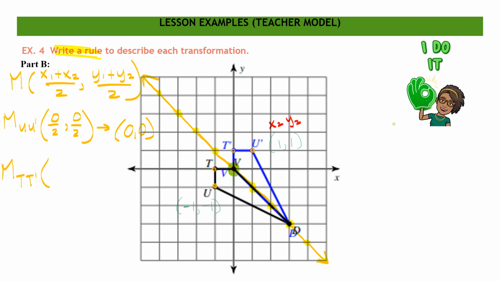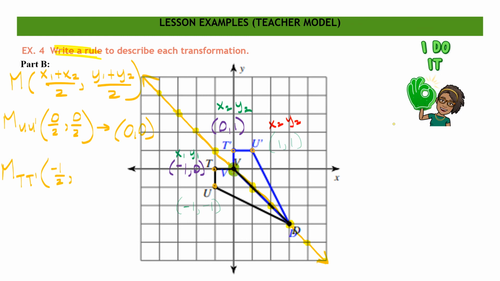Before we do that, let's identify what those points are. T I have as -1, 0, and then T prime I have as 0, 1. Let's go ahead and label those x1, y1, x2, y2. When I plug that in, my x's, I have -1 plus 0, which gives me -1, and then divide that by 2.